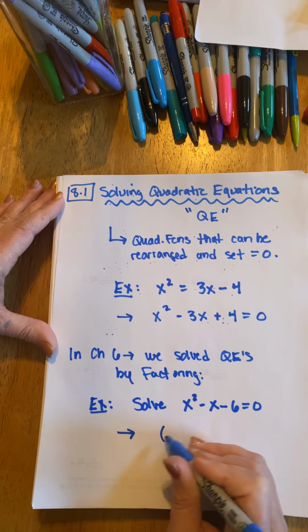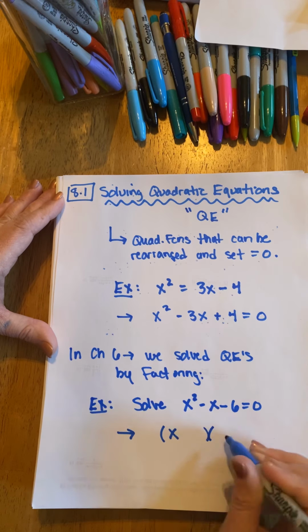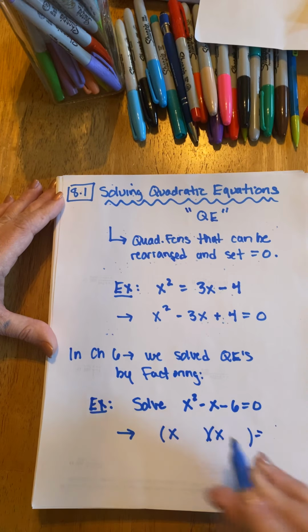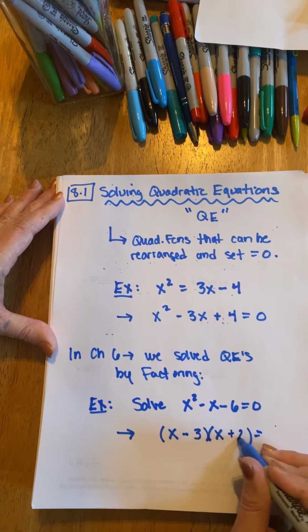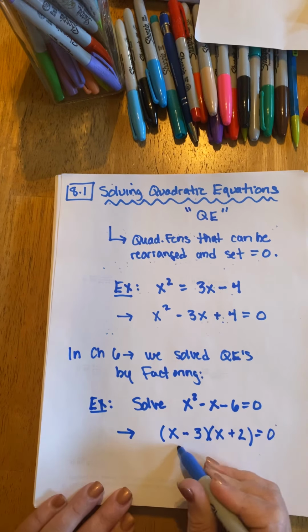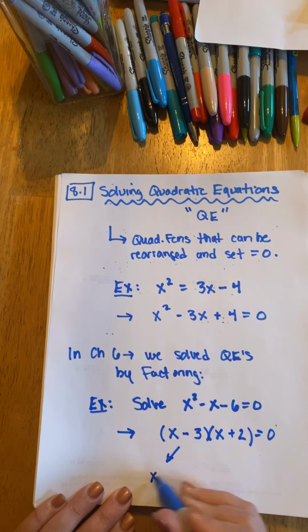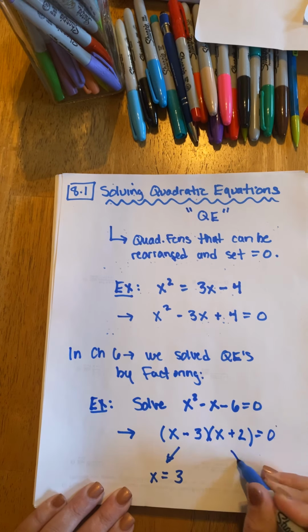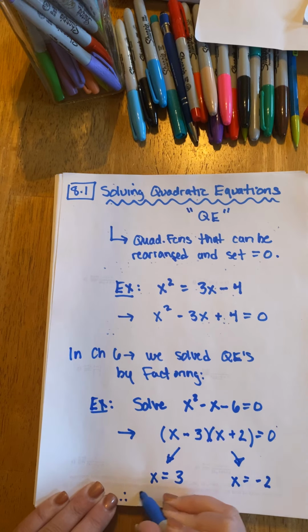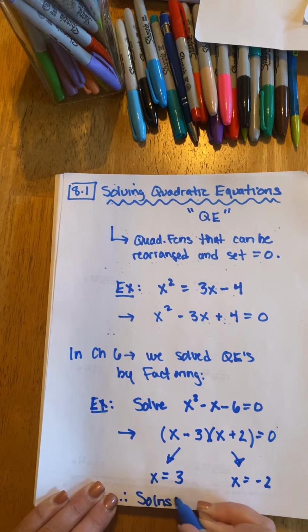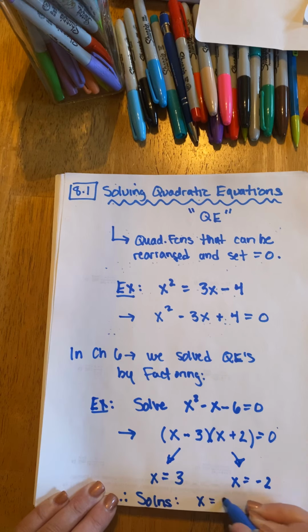What we did is we factored, and we said, what two numbers can we multiply to get negative 6 but add to get negative 1? So x minus 3 times x plus 2 equals 0. From this factor, x would be 3, and from this factor x would be negative 2. So therefore, my solutions, we can go back and check because that's the right thing to do, are 3 and negative 2.